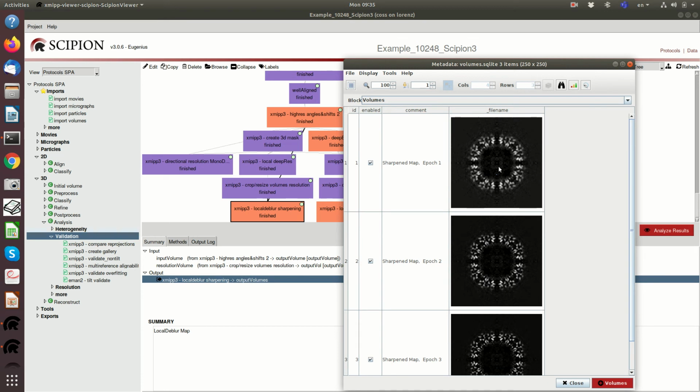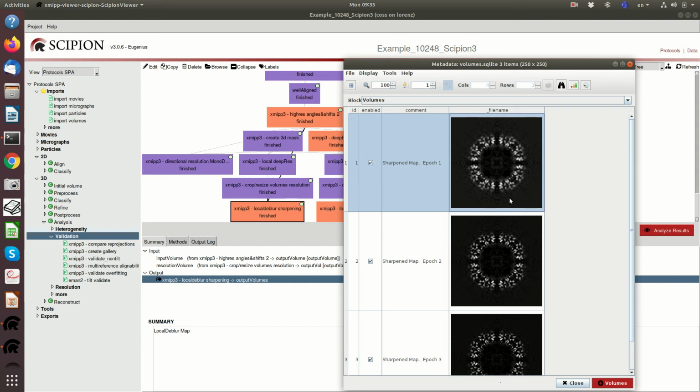The first one is the one that is fully supported by the theory, but then you can estimate again the local resolution of the first refined or restored volume, and then refine it further and further, and you could keep going.